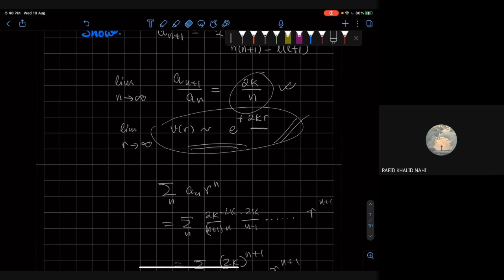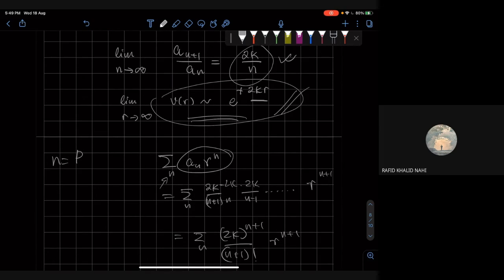So the idea is that this is our ansatz. If I take very large values of n in this sum, suppose I take one of the terms here, say n equals p, where p is large. Then what is that term going to look like?